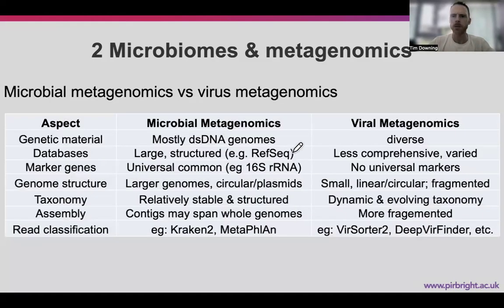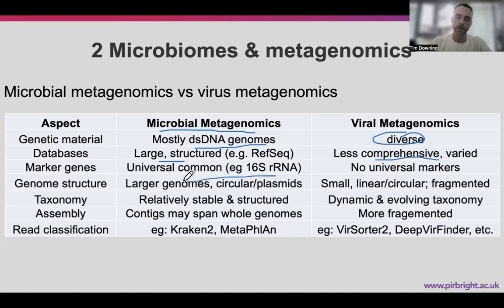What we have to distinguish between viral metagenomics and bacterial metagenomics is that there's a lot of difference. We know that viral genomes are quite diverse, whereas typically for bacteria, you're looking at a standard double-stranded larger genome. They tend to be structured, well-defined, whereas many viruses can be less so.